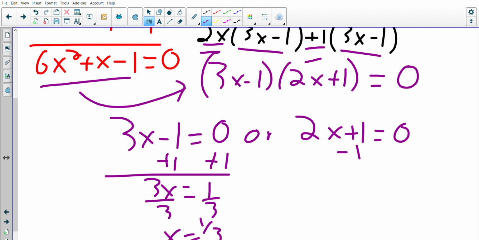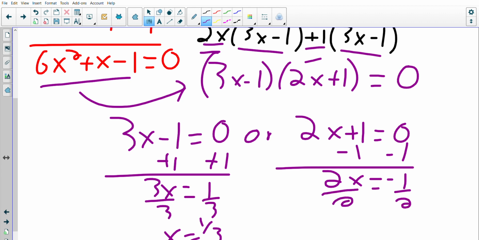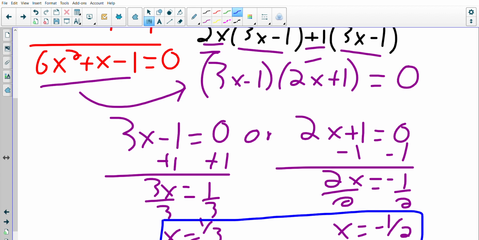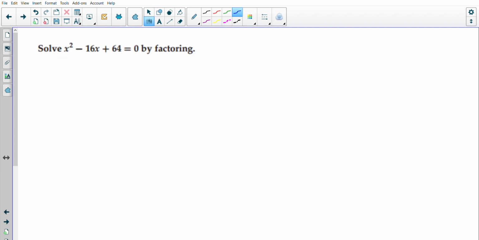Or, on the other side, subtract 1. We get 2x equals negative 1, divided by 2, so we get x equals negative 1/2. So my answers for this problem are x equals 1/3 or x equals negative 1/2. So there you go.